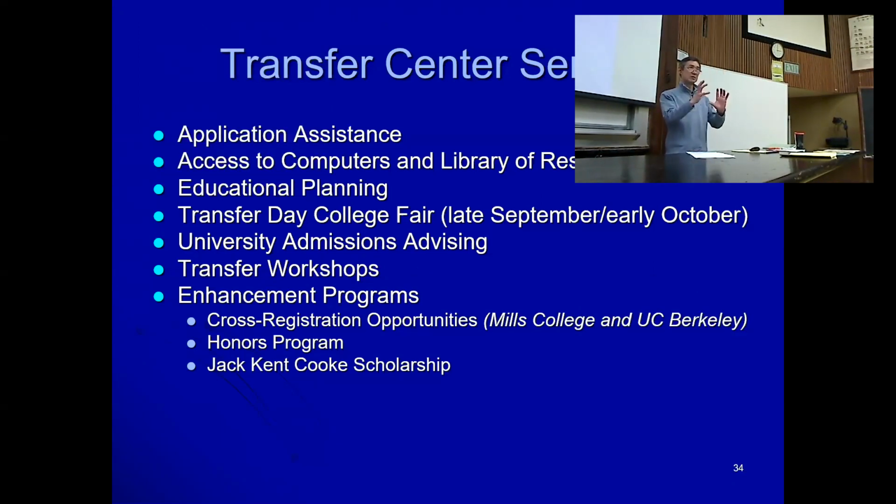There are certain criteria to meet, but if you're eligible and you're interested, then you can take classes at UC Berkeley while you're taking classes here. So it only applies to Mills scholars and UC Berkeley. There are a few other options through a consortium, but that information you would have to check with admissions and records.